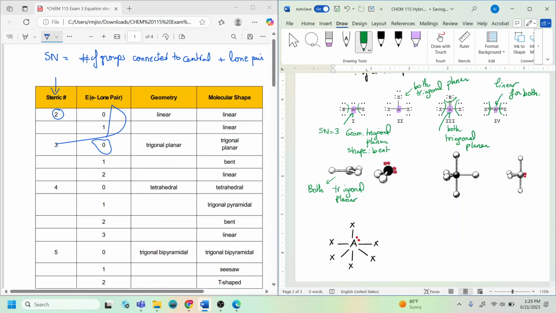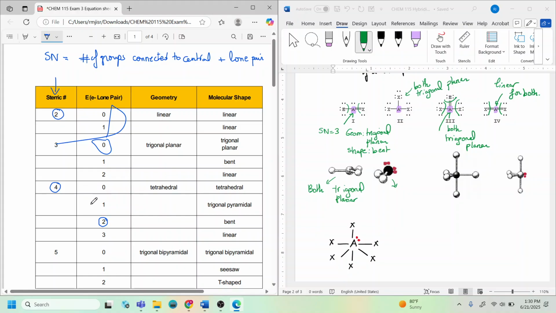Okay, for this structure over here, you're going to calculate the steric number. You have two groups around the central atom and two lone pairs. So groups plus the lone pairs, this is going to be 4. So you go over here and say, okay, my steric number is equal to 4, and my lone pair is equal to 2.